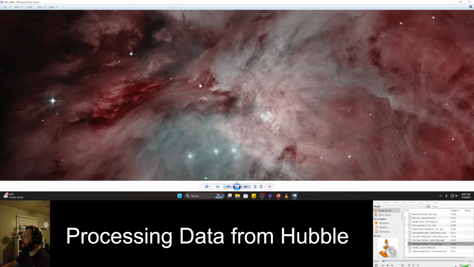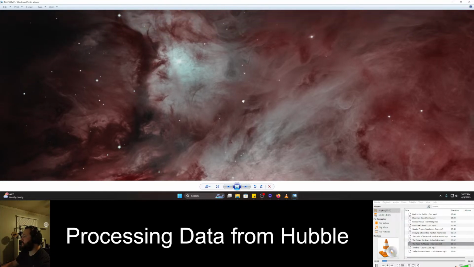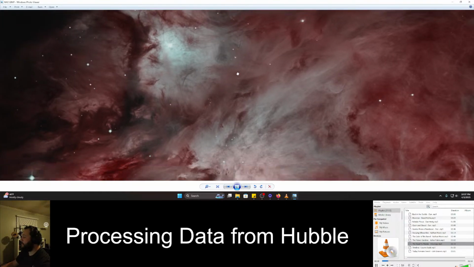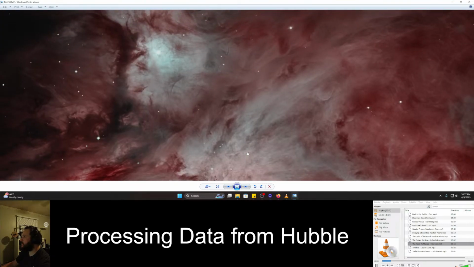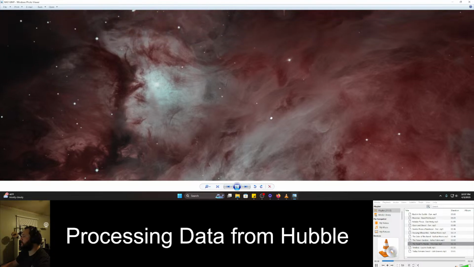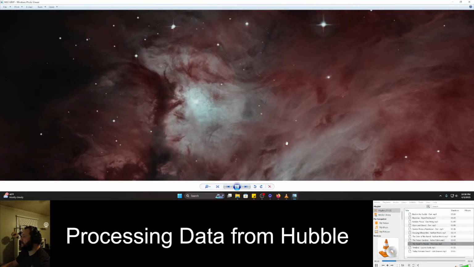Anyway, that arm of gas that I was looking at is probably a good 20 light years. Or maybe I'm overestimating it, but it's some insane distance anyway.